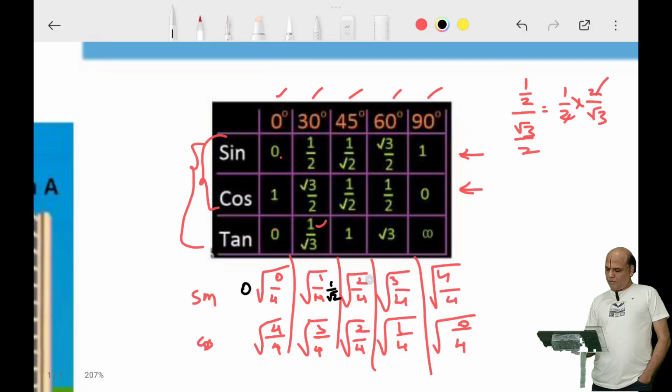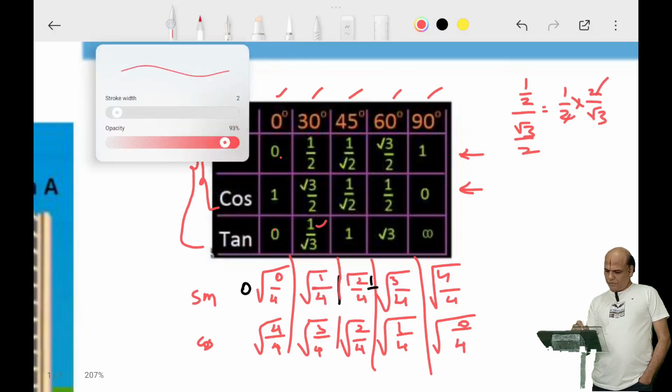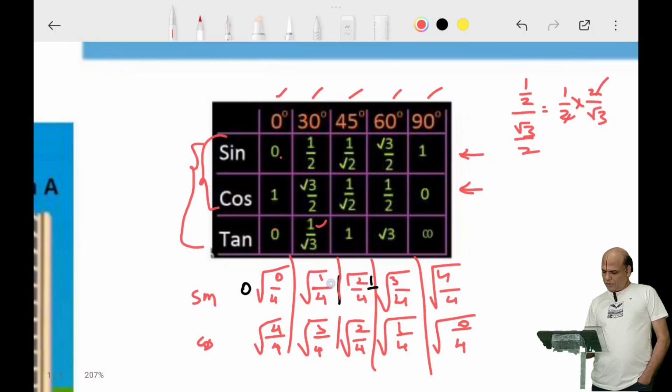Sorry, this is 1 by 4. So when you simplify, square root of 1 is 1 and square root of 4 is 2.